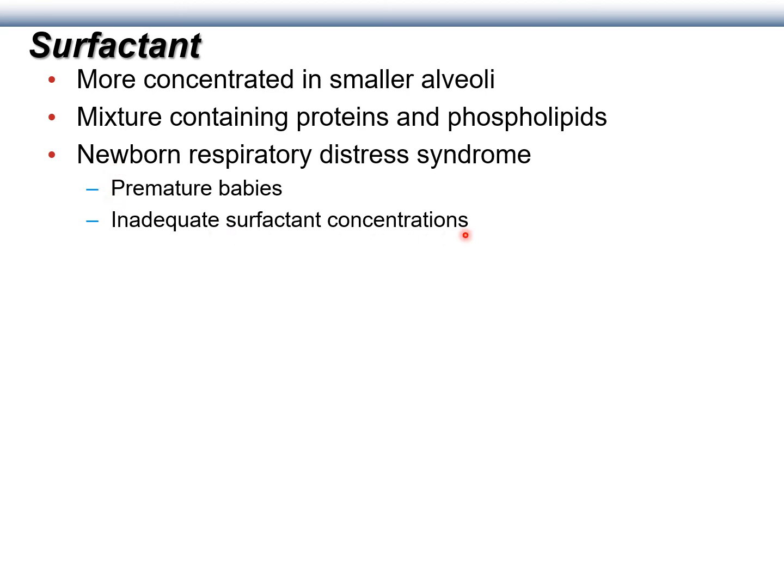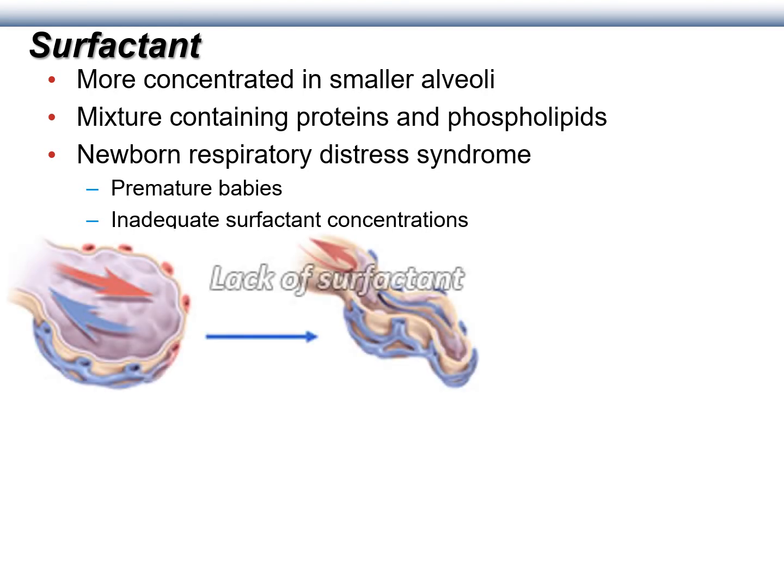One of the most common reasons for why newborns survive being born premature is the development of artificial surfactant. So two respiratory issues that preemies have is that they either lack the ossification in their chest wall for their ribs, and they have inadequate surfactant concentrations, leading to something known as ARDS, acute respiratory distress syndrome.